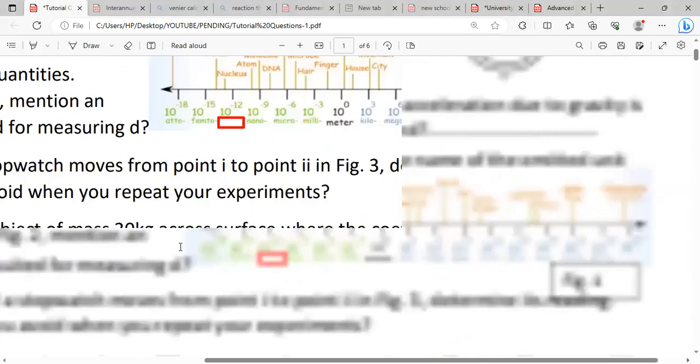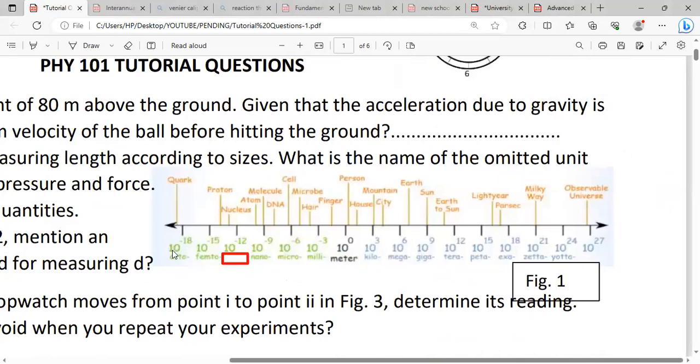Okay, so this one is 10 to the power minus 18, atto, 10 to the power minus 15, femto. This is 10 to the power minus 12. This one is omitted. 10 to the power minus 12 is pico.